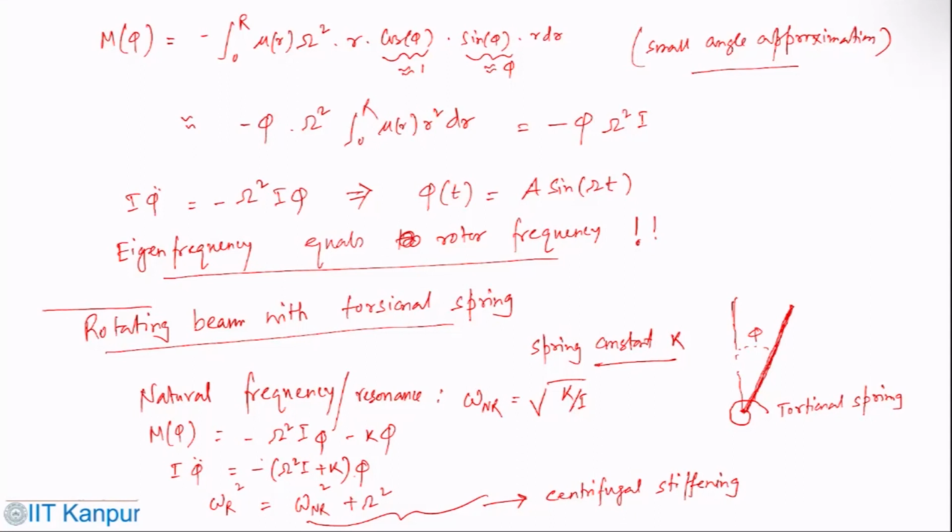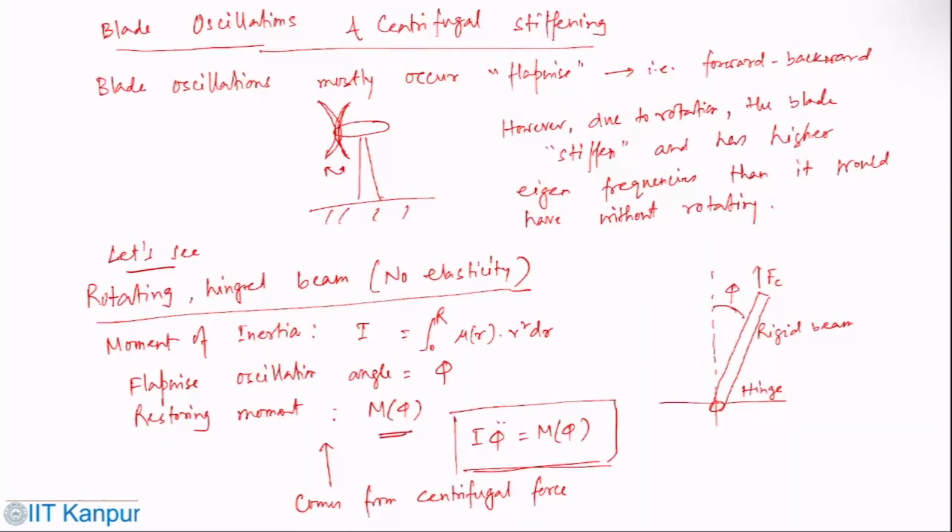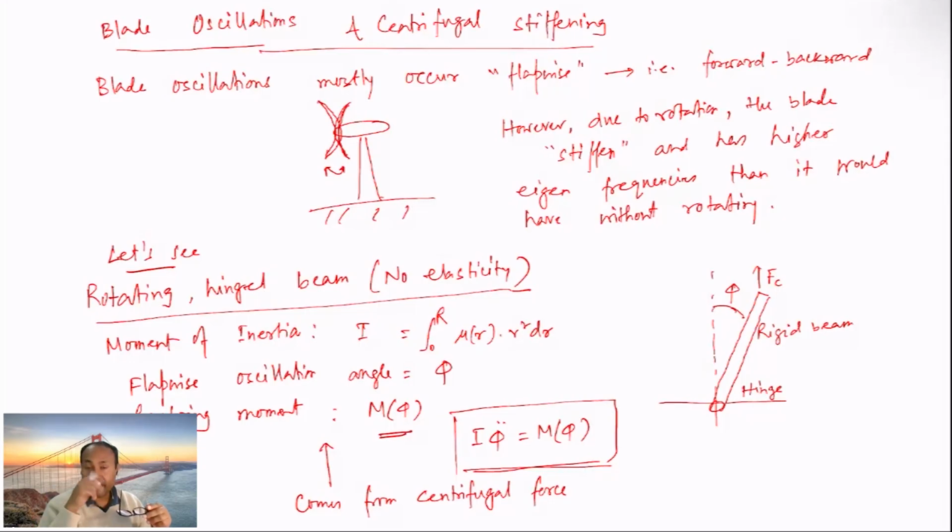We have seen from a hinged beam analysis that if it is rotating, which is essentially the situation that happens in your rotor blade, that creates that kind of situation.